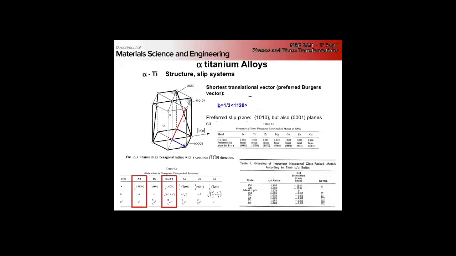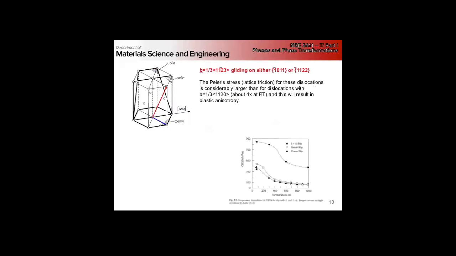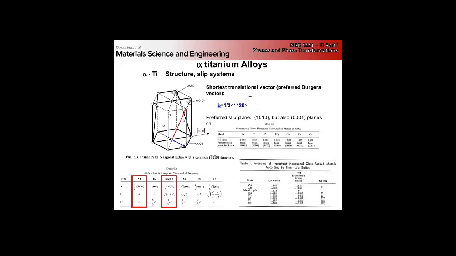Okay, so what's the critical C over A ratio in HCP metals? .633, something like that. What do I mean by critical C over A ratio?